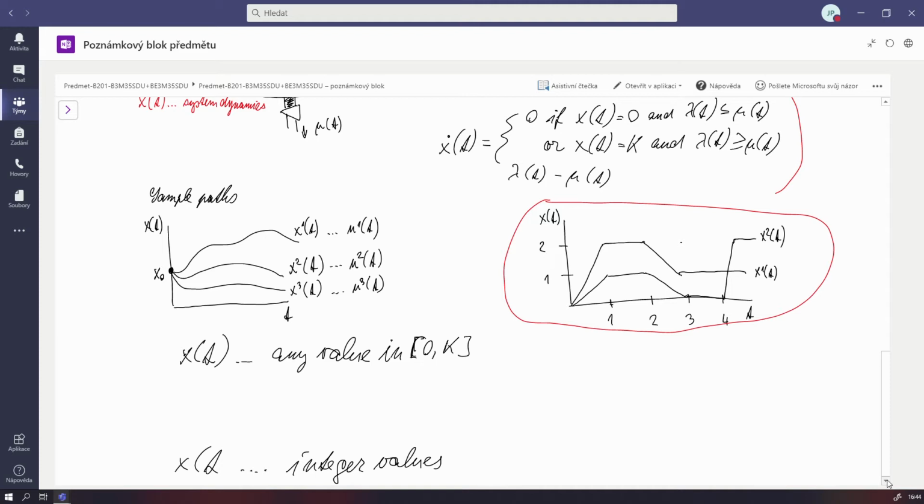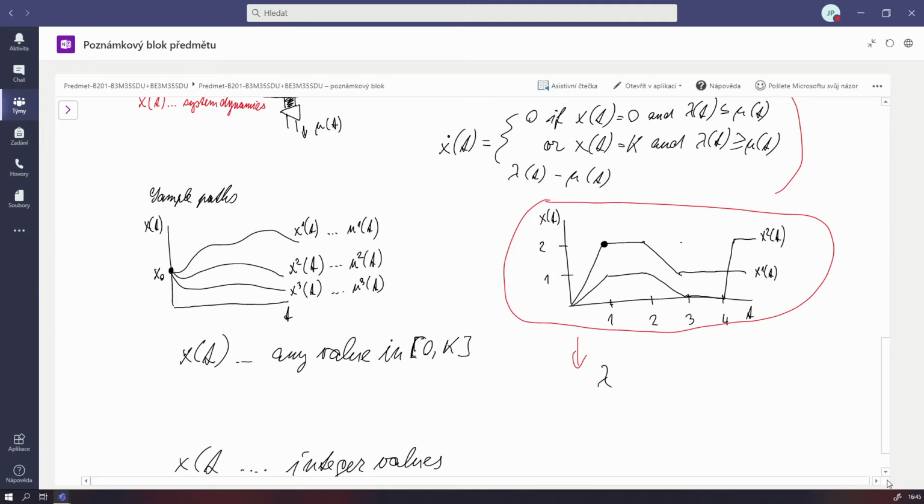Regarding this picture, we can describe the breakpoints of the graph. So let's take this example where we can have something like this.